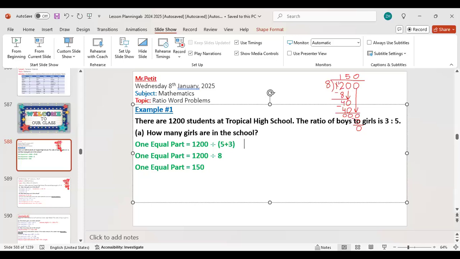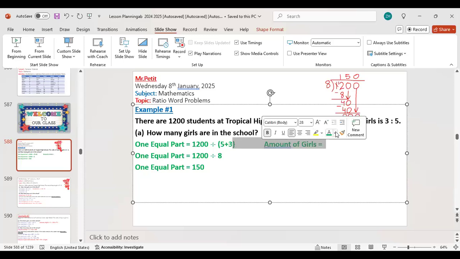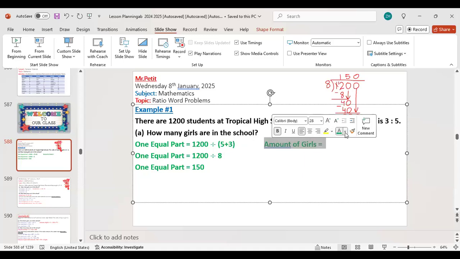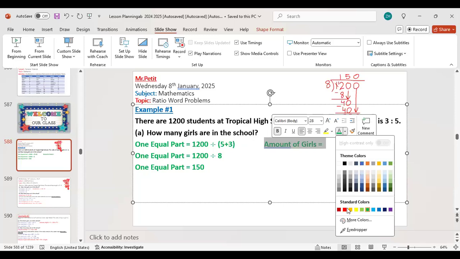What do you have for the number of girls? 750. How did you get 750? By multiplying 150 by 5. Why did you use 5?